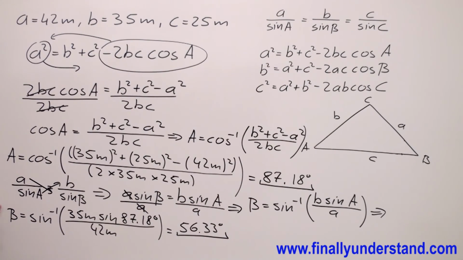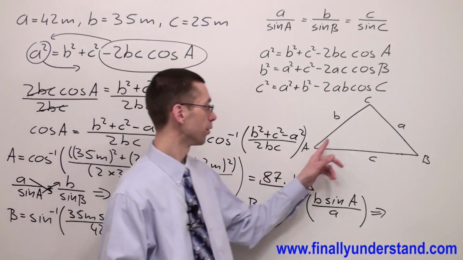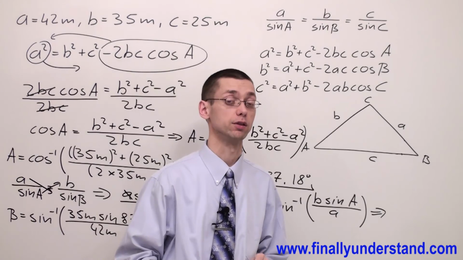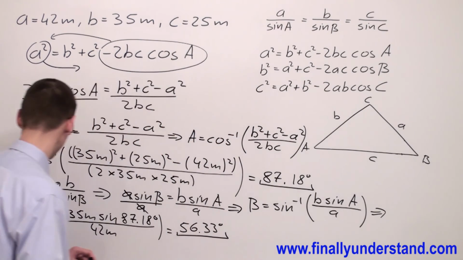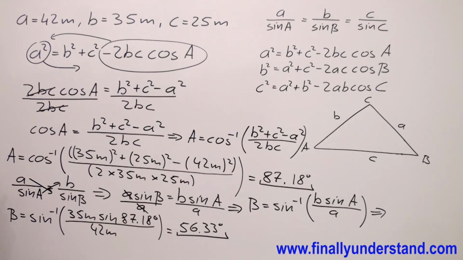In order to calculate angle C, we're supposed to remember that the sum of all angles in the given triangle is equal to 180 degrees. So if I have calculated two angles, I can find very easily the third one by simply subtracting these two values from 180 degrees.